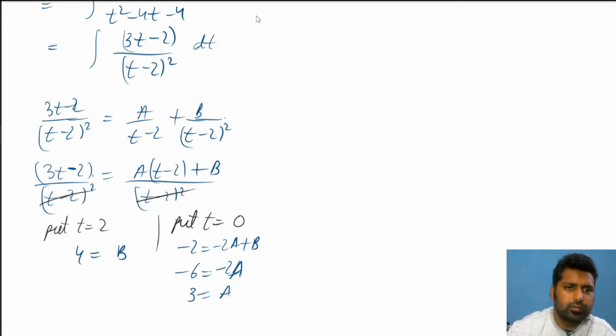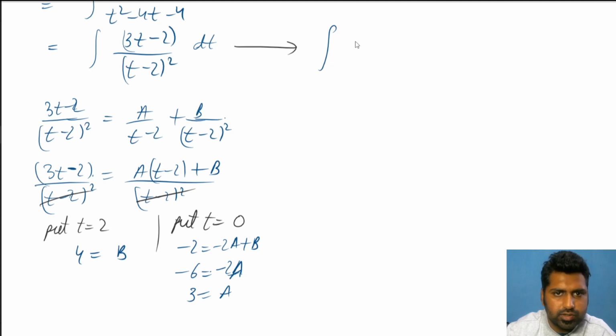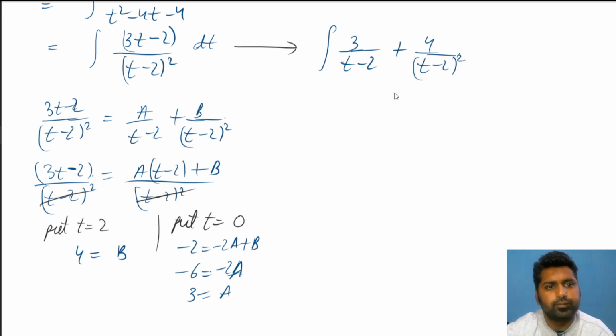So let's come back to this integration now. I can rewrite this as integration of 3 upon t minus 2 plus 4 upon (t minus 2) whole square, dt. Now we can do the integration.